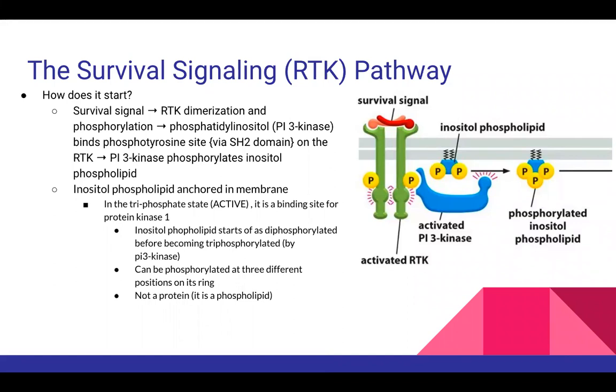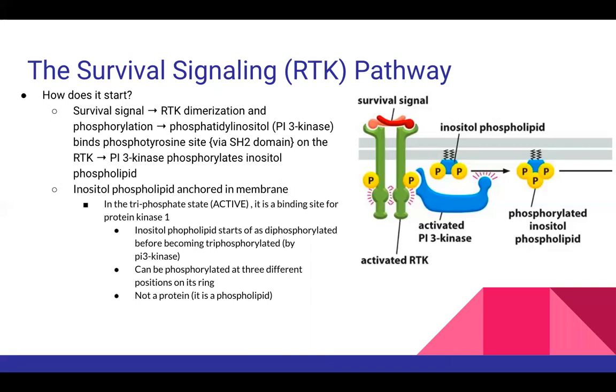Essentially the first thing that happens is the survival signal binds to the receptor. This survival signal appears in the form of a dimer, and it will bind to the RTK. This binding causes the RTKs to dimerize, and the dimerization enables the RTKs to cross-phosphorylate each other.